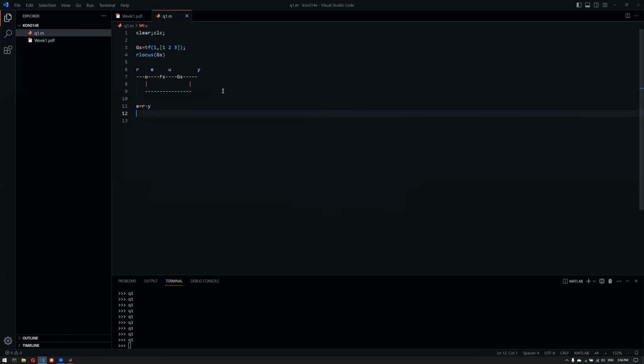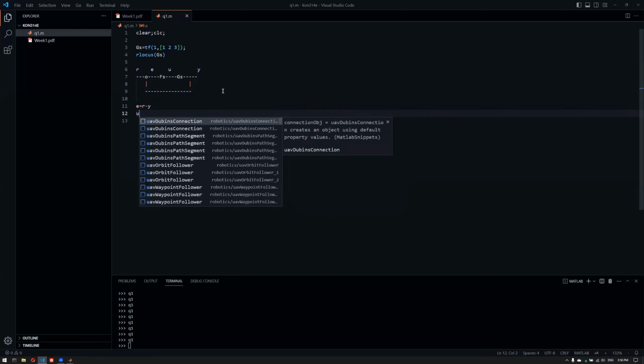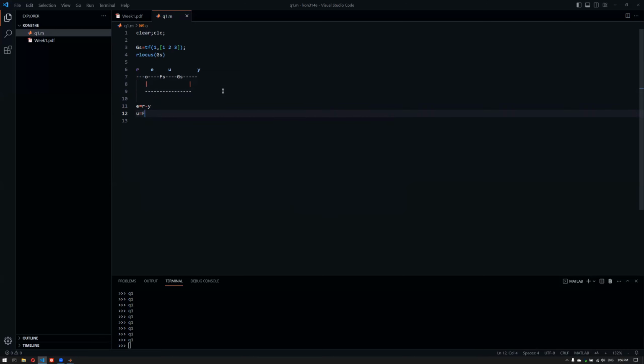Based on the connection, we know that E is equal to R minus Y. We know that U is F(s) times E. We also know that Y is G(s)U.